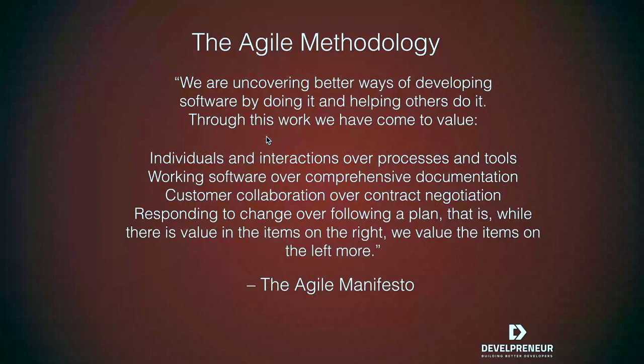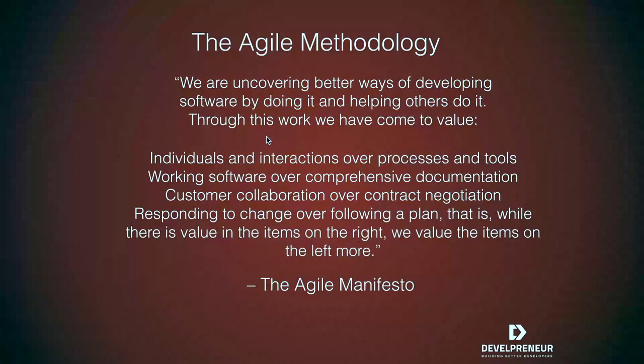Now, from the Agile Manifesto, from that site, this is probably one of the key parts, so I'll just go with the quote. We're uncovering better ways of developing software by doing it and helping others do it. Through this work, we have come to value individuals and interactions over processes and tools, working software over comprehensive documentation, customer collaboration over contract negotiation, responding to change over following a plan.